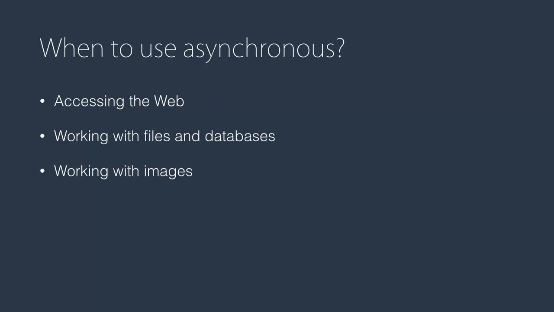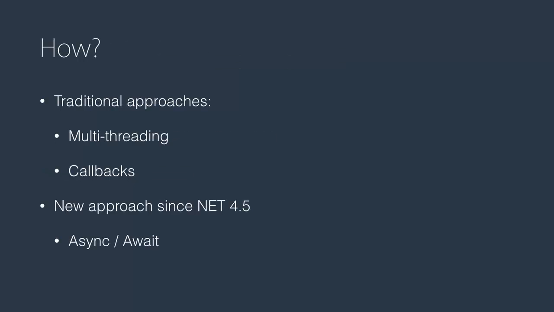So when do we use asynchronous programming? Anytime we have a blocking operation, such as accessing the web, working with files and databases, working with images, and so on. Now, how do we do that? Well, traditionally in C#, we had 2 common approaches. One was using multi-threading, one was using callback methods.